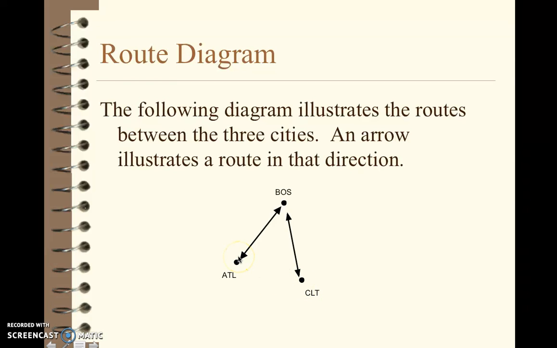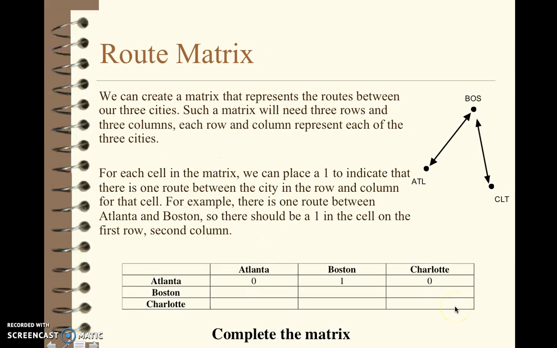All right. So if you want to go to Charlotte, you have to go via Boston and then get a connecting flight onto Charlotte. Same for Charlotte to Atlanta. All right, that's the way this route diagram works. And it's really important when you're drawing your route diagrams to make sure that you have your arrows on there to show the directions of that route.